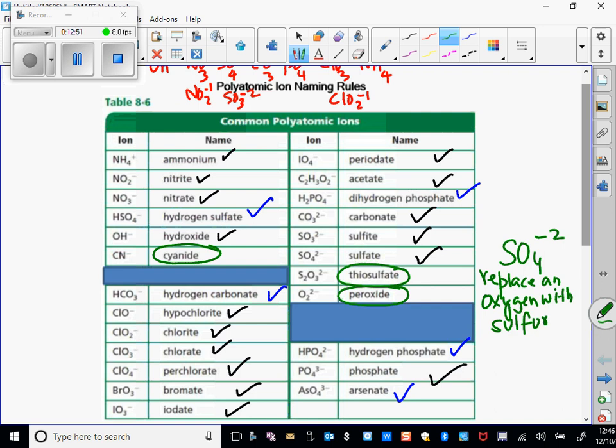Sulfur. So what does the formula become? S2, because one of the oxygens has now become a sulfur. How many oxygens are left? 3. So sulfate will become a thiosulfate. Anytime oxygen is replaced with sulfur, the name starts with the word thio.